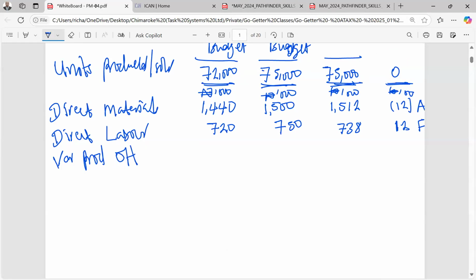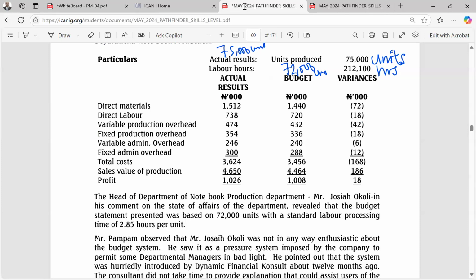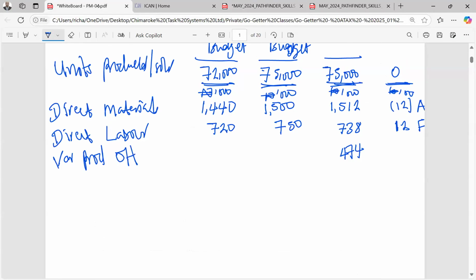So this is actual 474. The next one we are given is 432 original budget. So be careful. We now want to get this figure that will be for the revised budget.